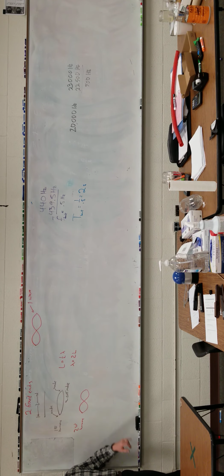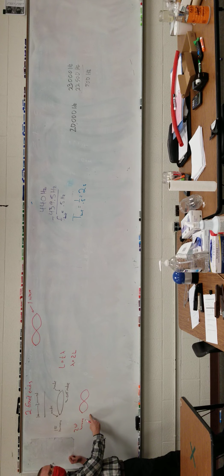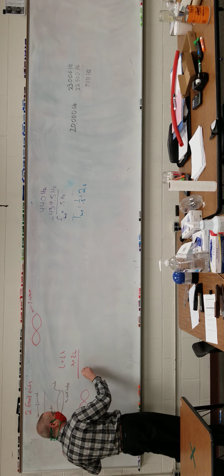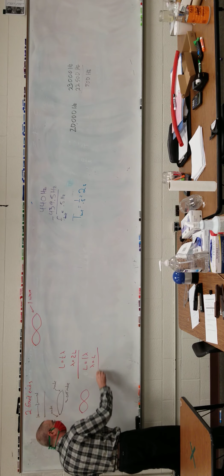So I got 3 nodes. Each time I add a node and an antinode, or each time I add a half wave. So how many waves is this? 1. L is equal to 1 wavelength, or the wavelength is just equal to L.